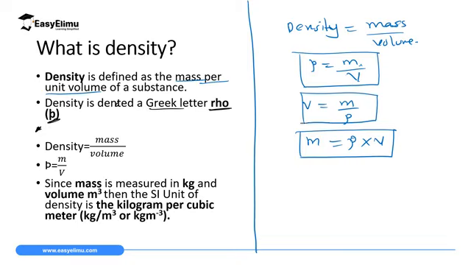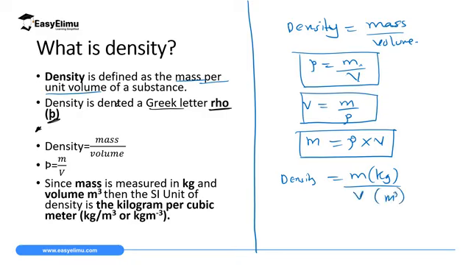Another important thing to note is that since mass is measured in kg and volume is measured in cubic meter, then the SI unit will be kilogram per cubic meter. This is true because look at this. Density, we have said, is equal to mass, which is measured in kg, over volume, which is measured in cubic meter.